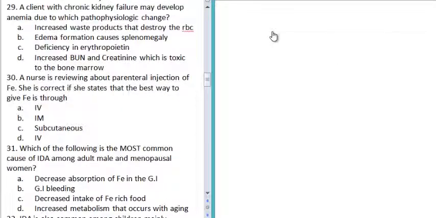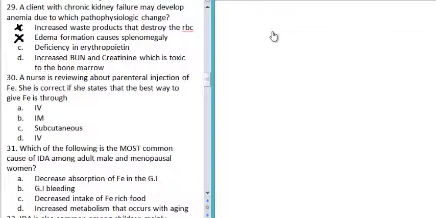Next, number 29. A client with chronic kidney failure may develop anemia due to which pathophysiologic change? A. Increased waste products that destroy the RBC. No. Waste products do not destroy RBC. B. Edema formation causes splenomegaly, and splenomegaly may affect RBC, but not to the point that it may cause anemia.